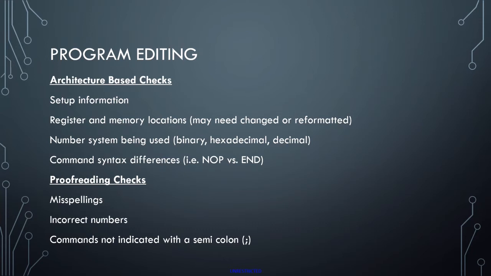Some of the register and memory locations may need changed. I mentioned this, the code that we just looked at uses memory locations. And in the YASP compiler, we don't have access to memory locations, so we would want to change those to be a register. You'll also notice that the registers were written a little bit differently. They may need to be reformatted to match the correct register format of the architecture or compiler that you're using.